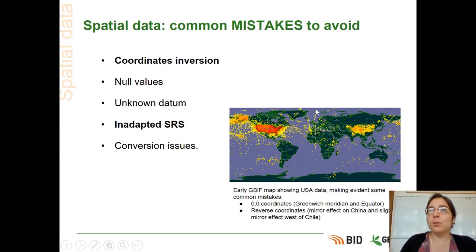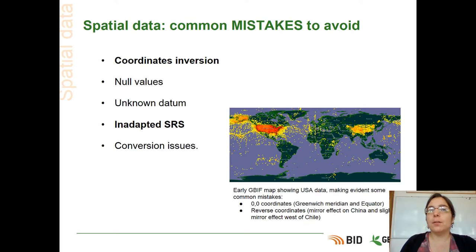For example, you have a vertical line in the center of the map, which is the Greenwich meridian. It's due to the fact that some people, when they didn't know the coordinates of the data, just put 0 in the longitude cell. You can also spot the same mistake for the equator line, which is the 0 for the latitude.